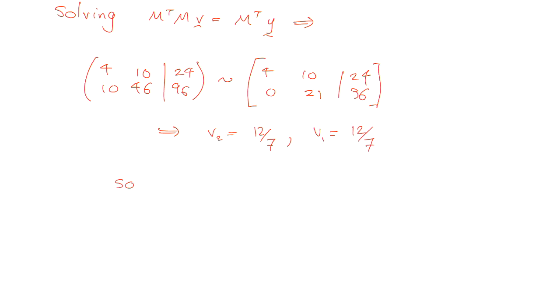Now, in general, A and B don't have to be equal at all. This is just a fluke. So the line of best fit to your data is y equals, now we put V1 as the constant, and we put V2 as the coefficient of x.